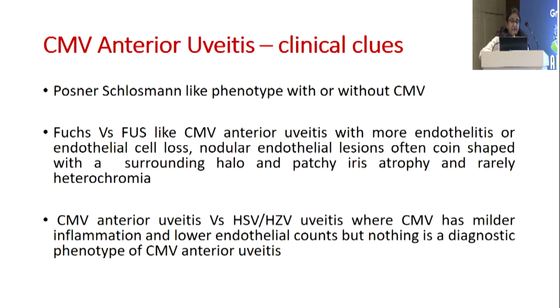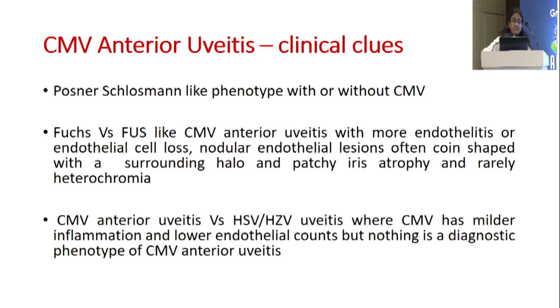Now, I will briefly touch upon the major important uveitic entities which have a little difference from the previous classification, such as CMV anterior uveitis, and there are certain clinical clues that we are all aware of. We can have a Posner-Schlossman-like phenotype with or without CMV.